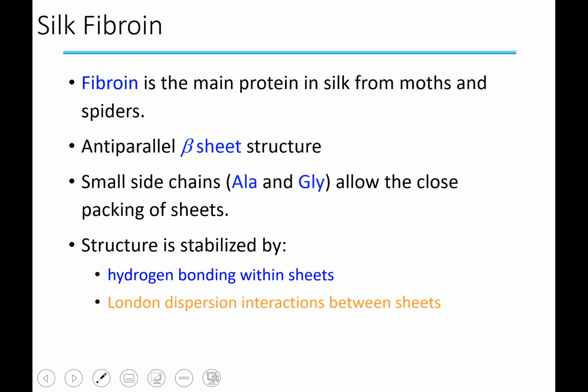Okay, small side chains like alanine and glycine are the main amino acids in fibroin. And they allow these beta sheets to be closely packed together. The structure is stabilized by both hydrogen bonding within sheets and also dispersion interactions between sheets that are stacked very closely on top of one another.